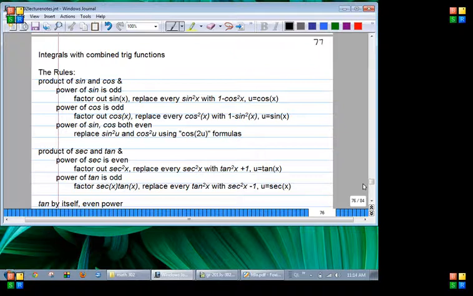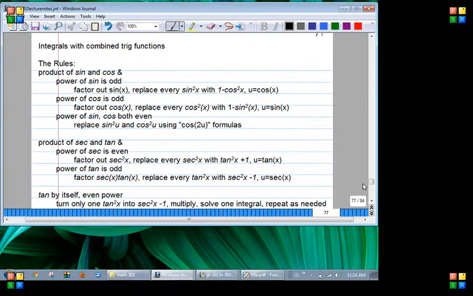We also looked at the situation where we have tan by itself as an even power. Turn one tan squared into a secant squared x minus 1, multiply, solve an integral, repeat as necessary. We saw the simplest case where it was just tan squared.